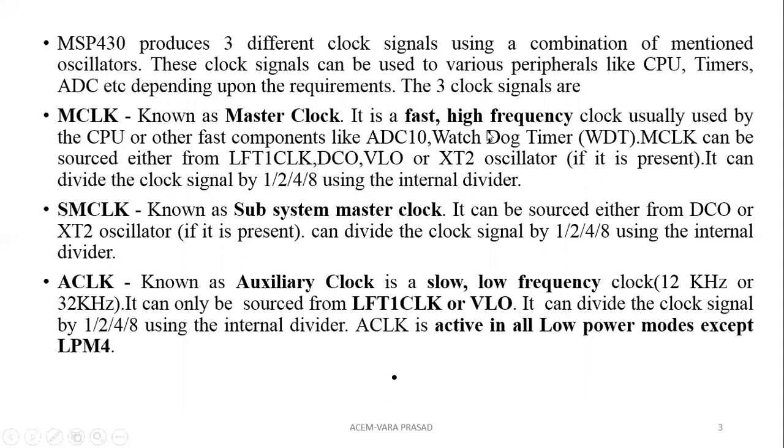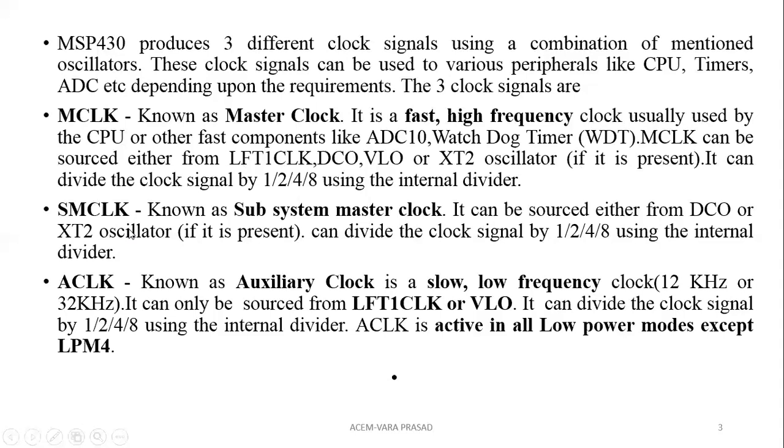MCLK is mainly generated by using LFXT1, DCO, VLO and XT2, because XT2 is available only in some systems. That's why, if present, you can use XT2. It is also divided with the clock frequencies 1, 2, 4, 8 by using the divider.